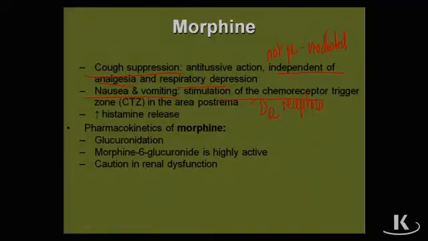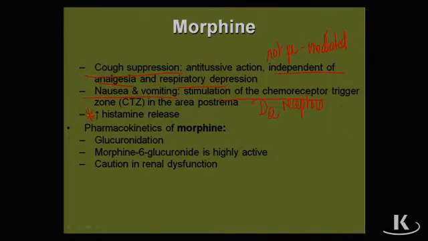Yet at the very same time, the drug itself can directly stimulate the vomiting center and be associated with nausea as a side effect. Final point in that morphine pharmacology, the possibility of histamine release. You remember, I'm sure, how we use this histamine release as a cause of vasodilation and certainly a reason to avoid the use of that drug in head trauma.